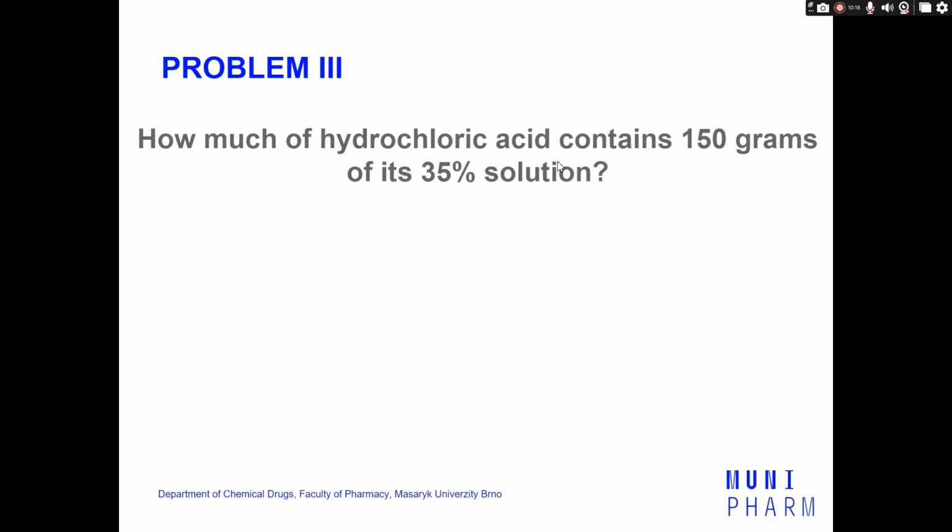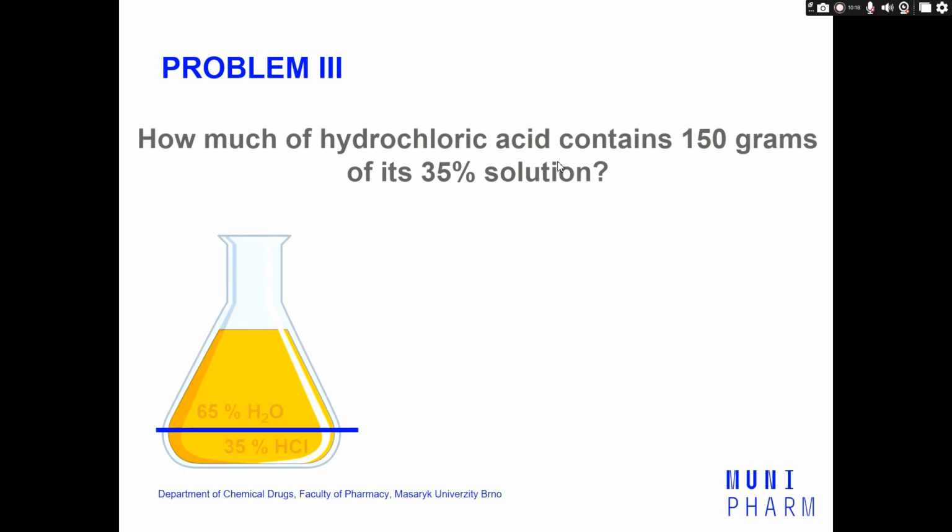Being 35% practically means that it doesn't matter how much I take of this solution, but only 35% of this amount will always be the pure hydrochloric acid, which may then take part in some chemical reaction, for example, with sodium hydroxide. And the rest, the 65%, is the water. So back to the task.